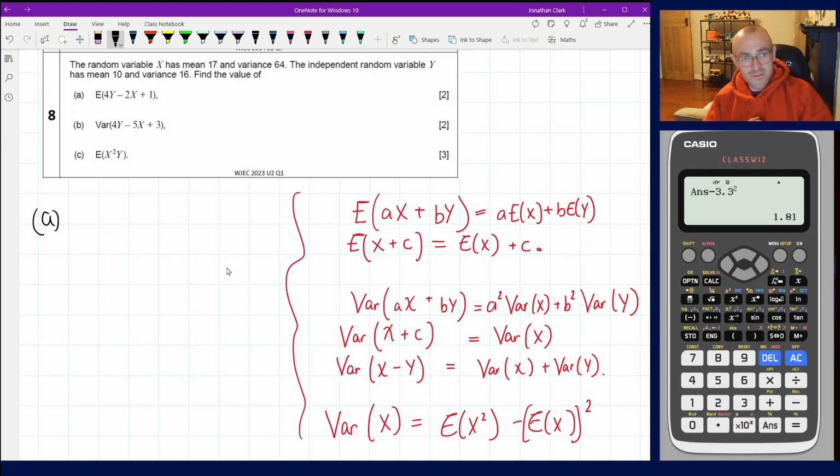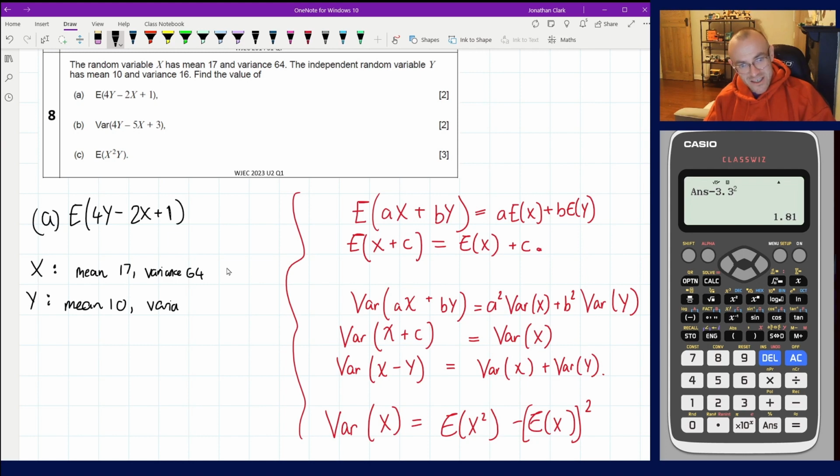Have a look at part A. We've got the expectation of 4y take away 2x plus 1, and x has a mean of 17 and a variance of 4. Y has a mean of 10 and a variance of 16.